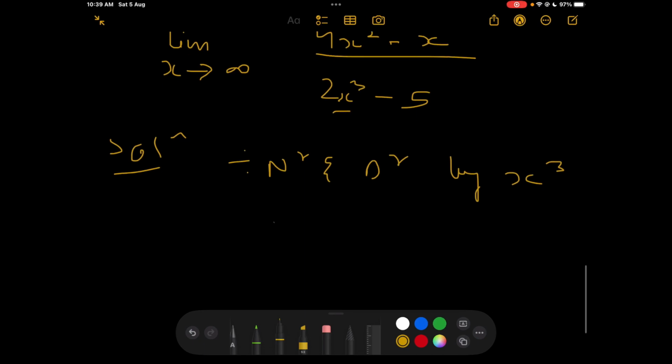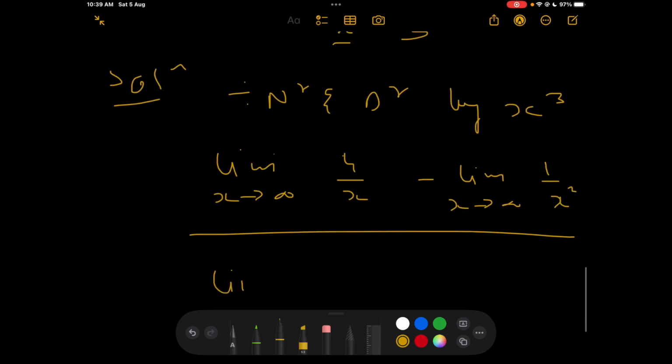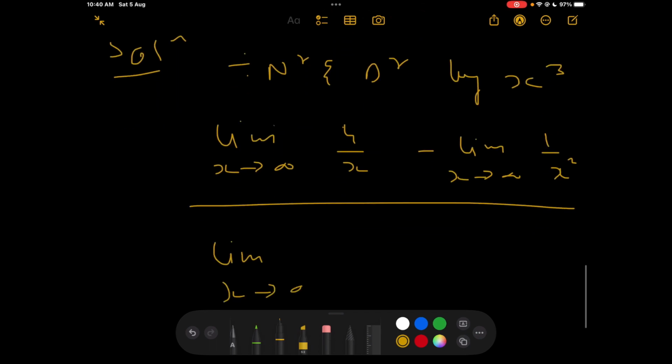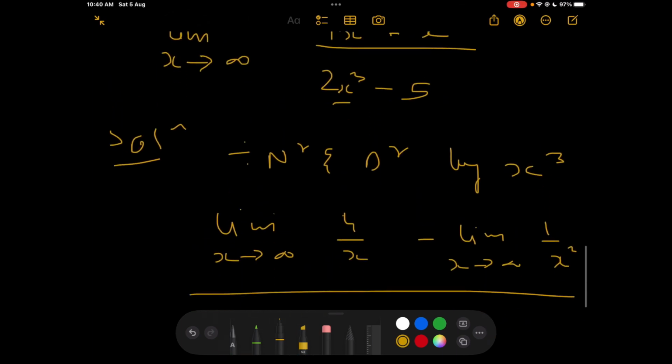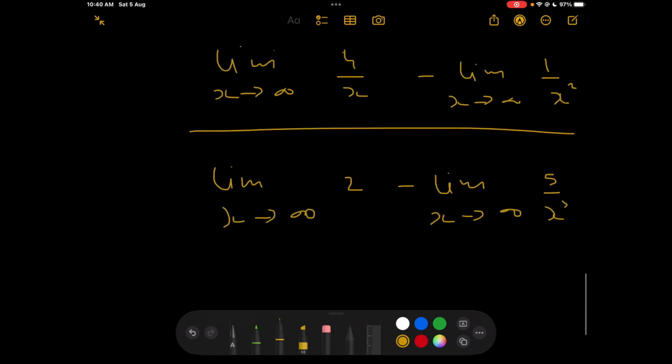I am separating the limits in the first step itself so that we can save one step. Otherwise, in the paper you have to write all the steps. So we can write this as limit x tends to infinity 4 upon x minus limit x tends to infinity 1 upon x square, upon limit x tends to infinity 2 minus limit x tends to infinity 5 by x cube.